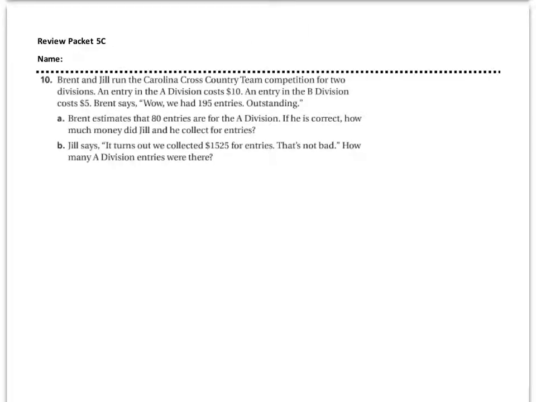Okay, the next problem: Brent and Jill run the Carolina cross country team competition for 2 divisions. I really misunderstood that at first. They said run, but that doesn't mean the speed of walking; they're actually running, meaning managing, that competition. They're the top people managing it, so they're actually not running. An entry in the A division costs $10, and in the B division it costs $5.